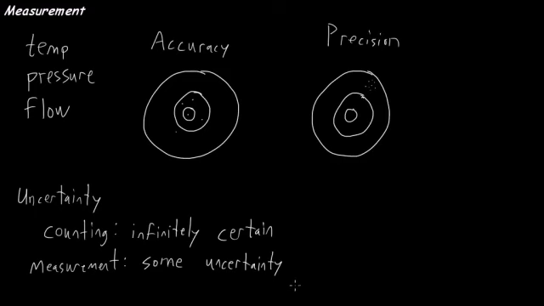What we're going to talk about next is how to communicate that level of uncertainty and how to work with it. One of the most common ways we do that is with something called significant figures. Sometimes we call it significant digits.